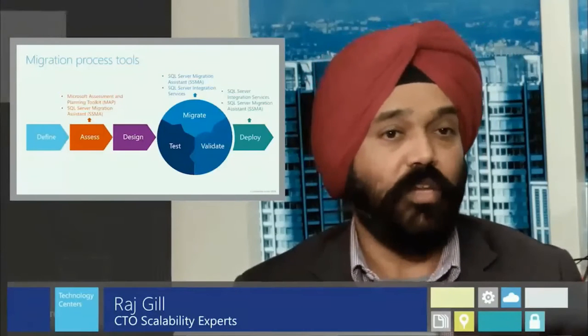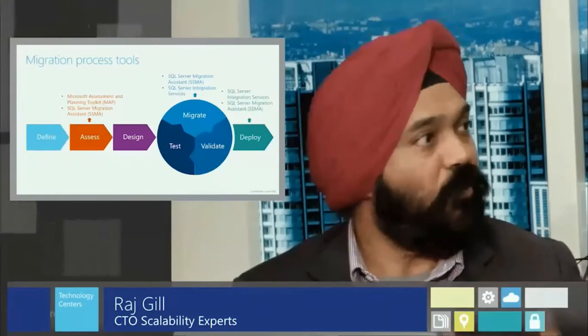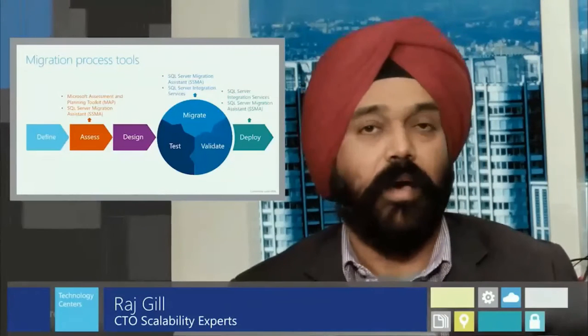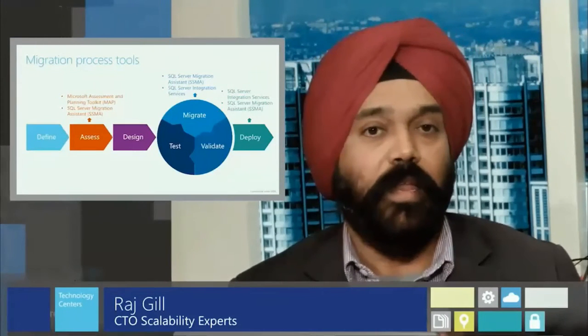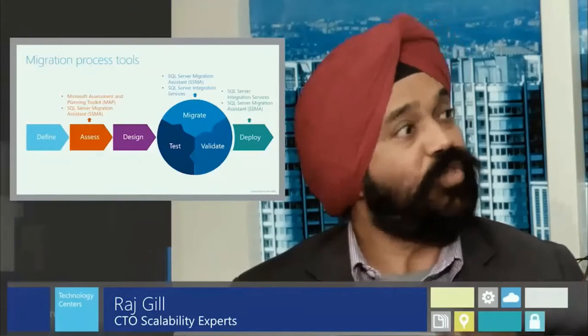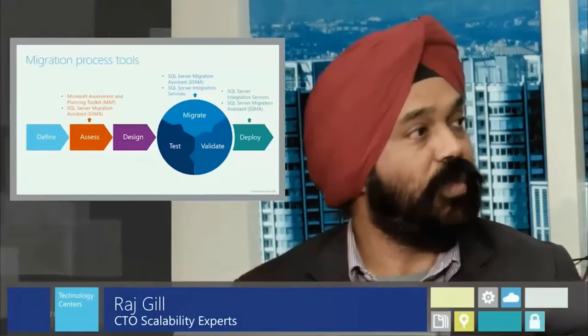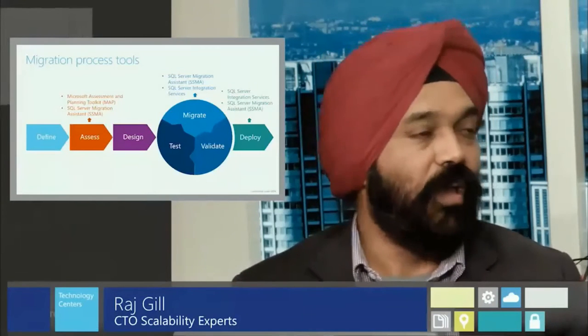For example, it will tell you how many CPUs it has, how many cores, how much memory that box is running, whether it's virtual or physical, and some high-level performance metrics that can help you size the target environment in SQL Server. So this is something that SSMA doesn't do, that MAP can do very well for you.